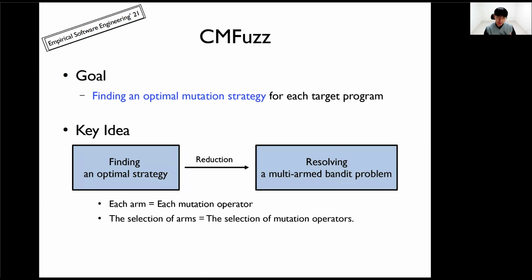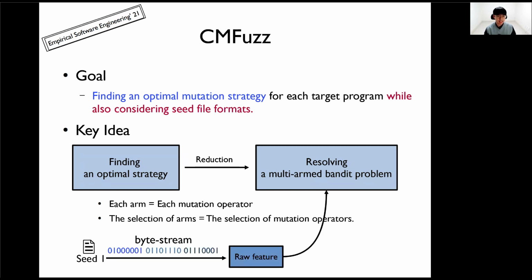And like the particle and swarm in the customized PSO algorithm of MOPT, in CMFudge, each arm corresponds to each mutation operator, and the selection of arms corresponds to the selection of the mutation operators as well.